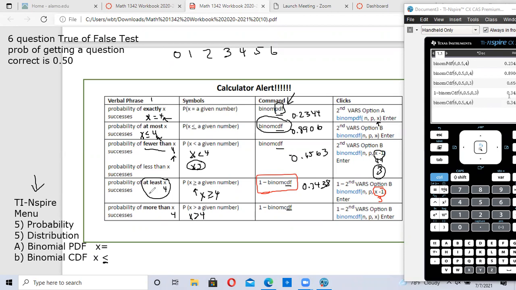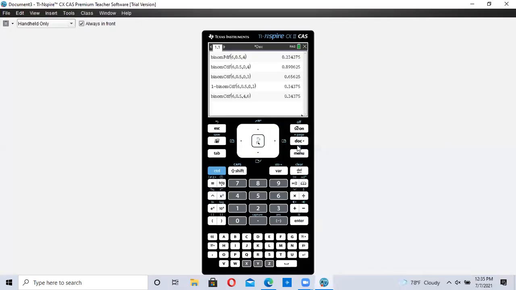4 is the least number. Here it just says it has to be more than 4. These are the only numbers more than 4, because it doesn't say equal sign. More than doesn't mean equals. So my lower boundary is 5 and my upper boundary is 6. So let's do that. More than 4, lower boundary is 5, upper boundary is 6.